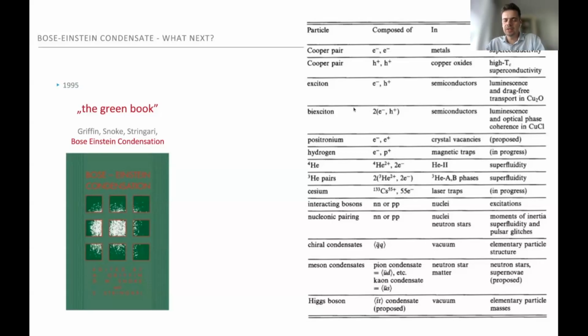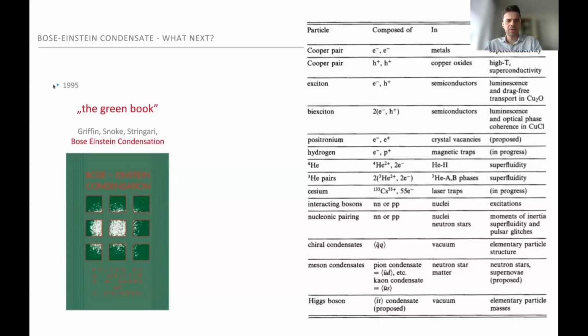As you can see, it's not only superfluid helium, but also superconductivity, where it can be seen as an analog of superfluidity for charged particles, excitons in semiconductors, and also particle physics, in nuclei. So there are many systems where we can observe these features.